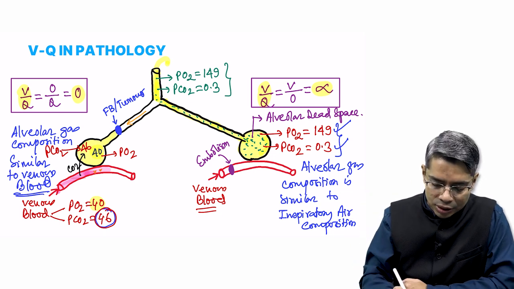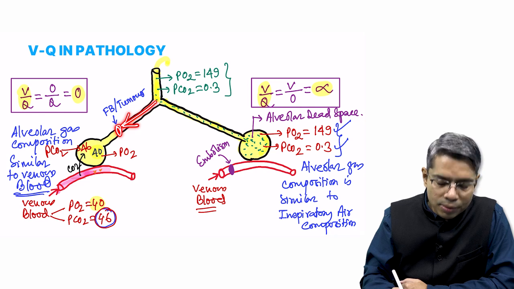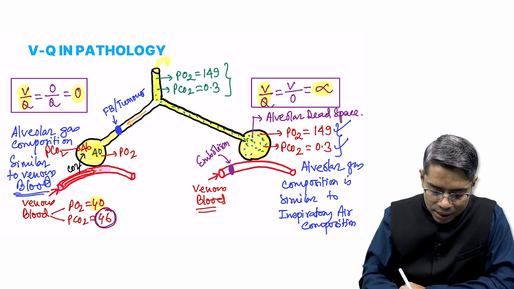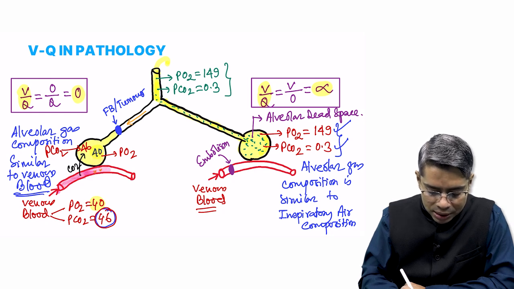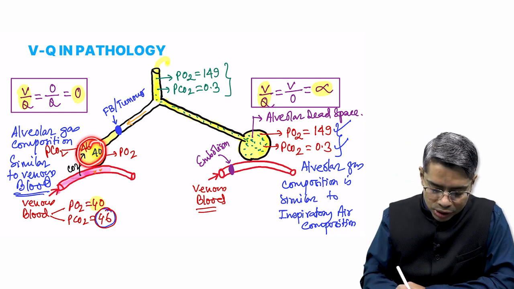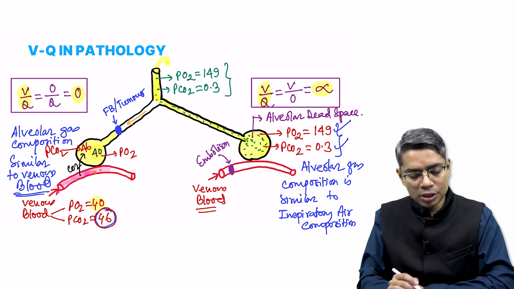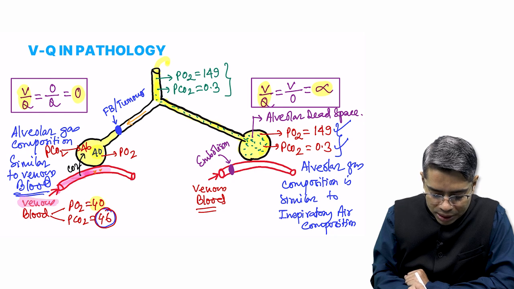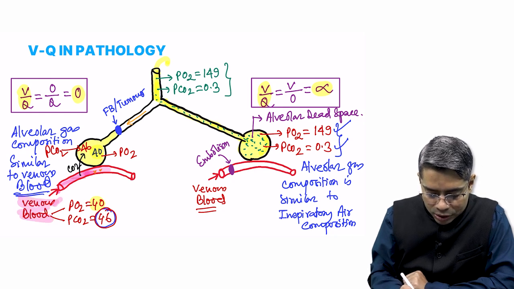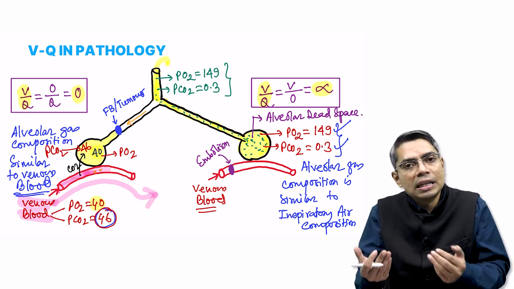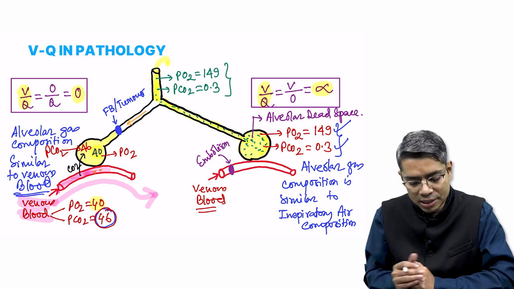In the other condition, there is no fresh airflow to the alveoli, but the blood flow is coming here, and that blood is not getting any oxygen and is not delivering any carbon dioxide, because the alveolar gas composition is similar to venous blood gas composition. So all the venous blood which is reaching here is going to be delivered from the venous side towards the arterial side without any oxygen or carbon dioxide exchange.